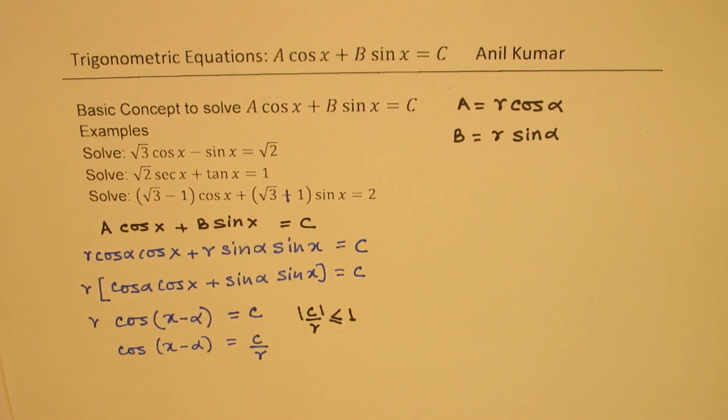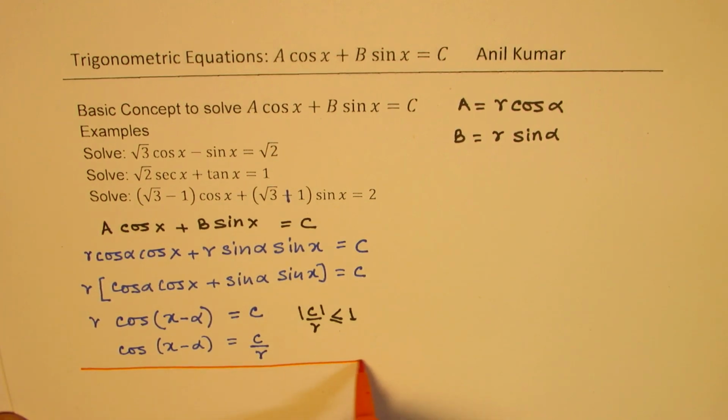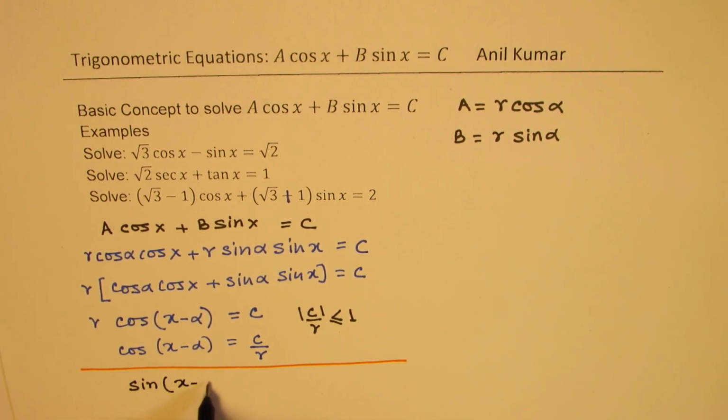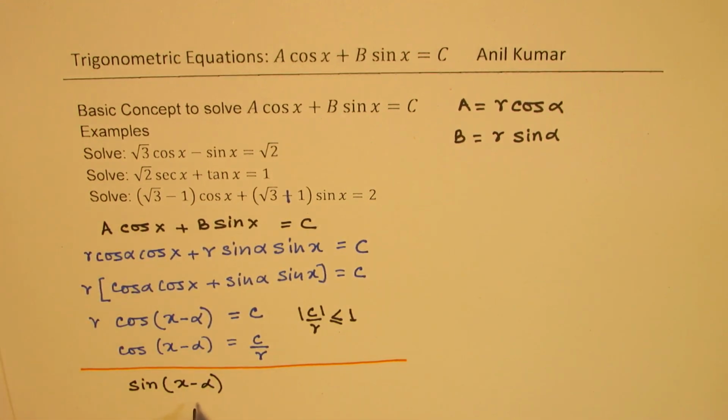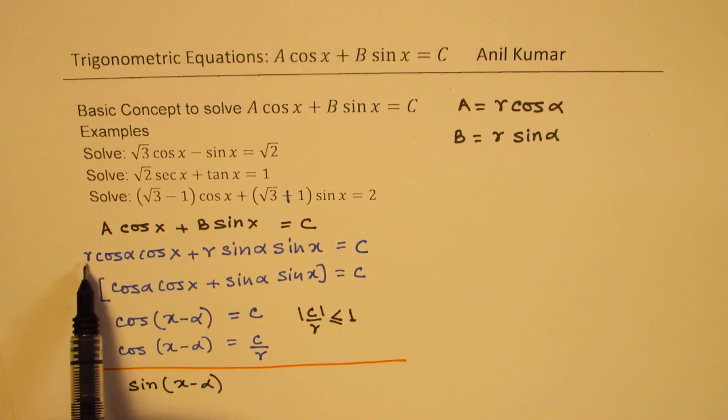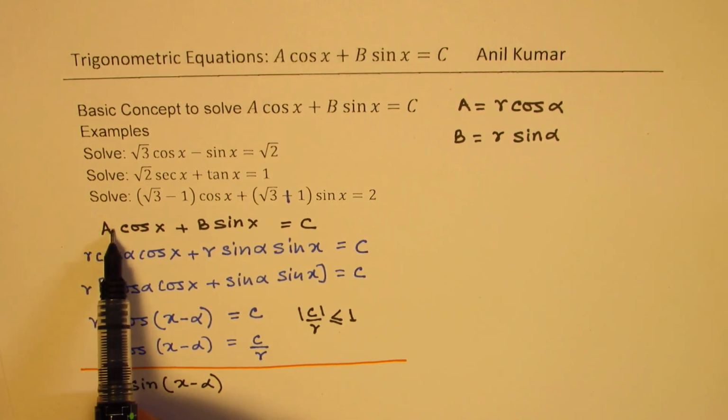Now we could have also written the same equation in the form of sine of x minus alpha, right? We could have also written this in terms of sine x minus alpha, provided the substitution would have been r sine alpha in this case.